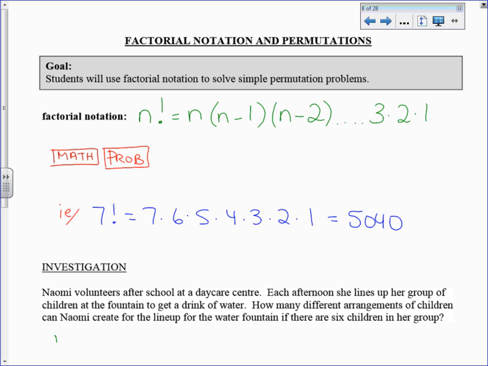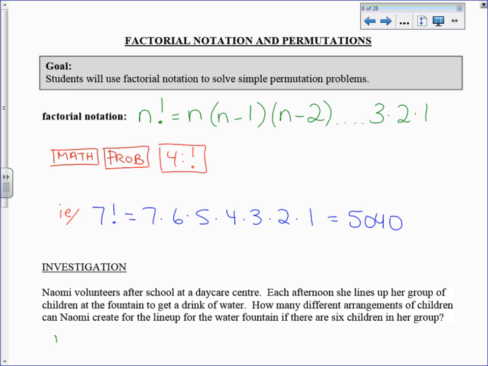And then notice that number 4 is an exclamation mark. Now, what I didn't tell you, what you should have done was put the 7 in first. So we'll try that again. If we go 7, then math, probability, 4, that's 7 factorial, and you hit enter, and you get 5,040.